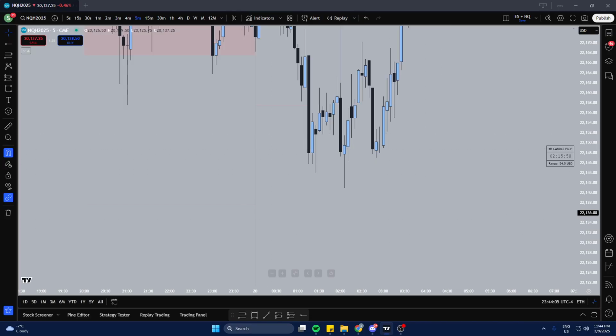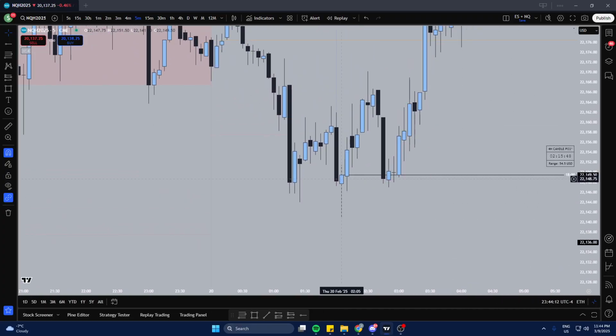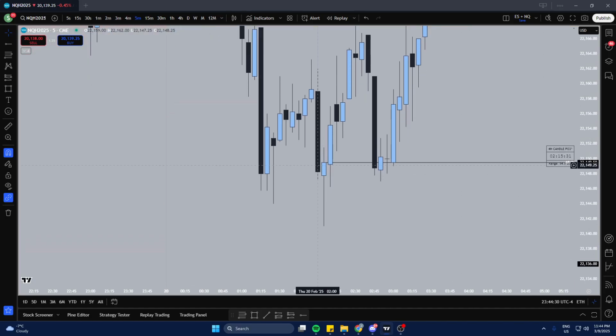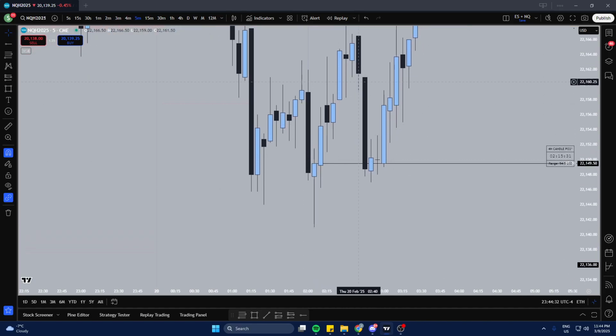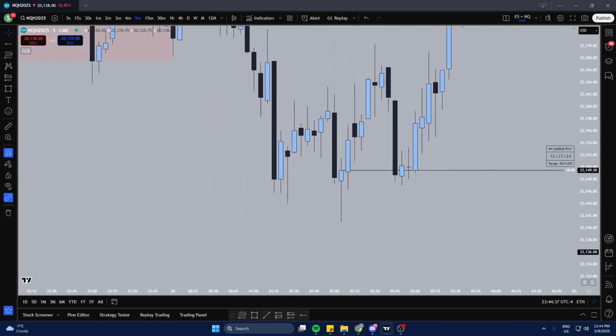Let's pretend this is a key open here, 1800. This forms a CISD. A lot of the days this does happen. This 1800 open is a CISD. We're in an uptrend and price starts to reverse and pull back, but we're bullish and we're looking for an entry.